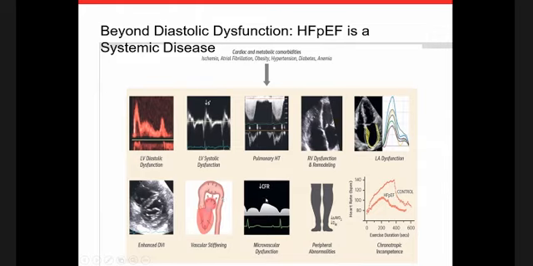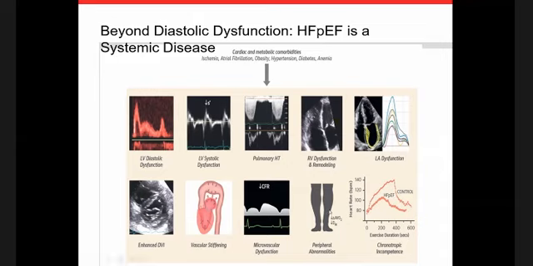There is the microvascular dysfunction, which is a very important component of the diastolic dysfunction, which is probably a result of the increased pressure across the myocardium, but it goes in a vicious cycle, which means the decreased blood flow actually increases stiffness.